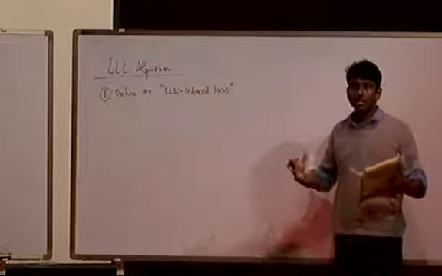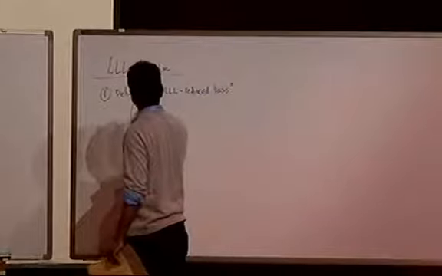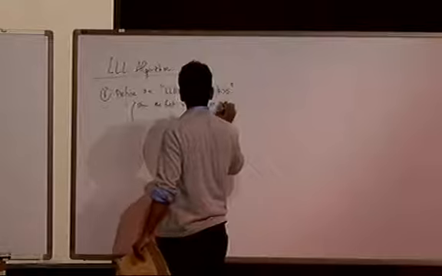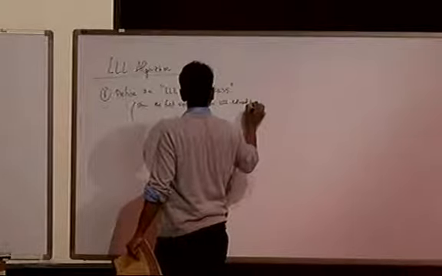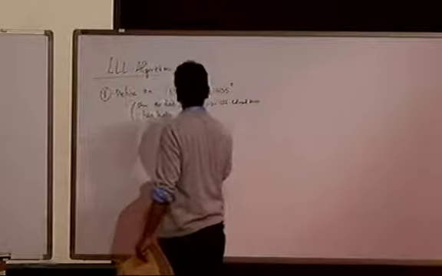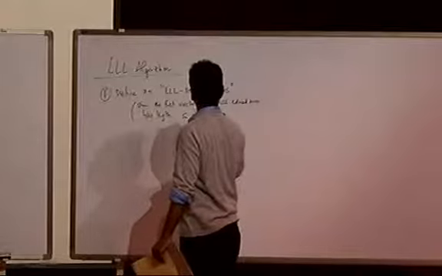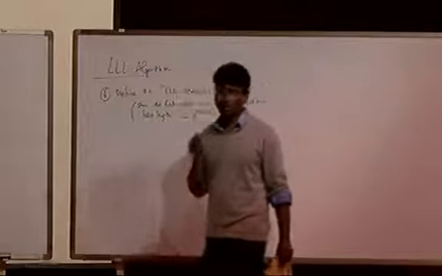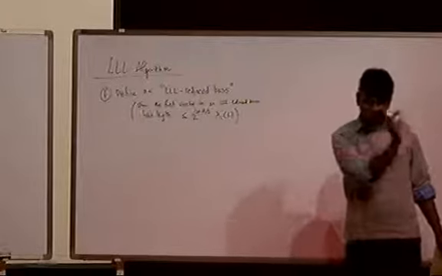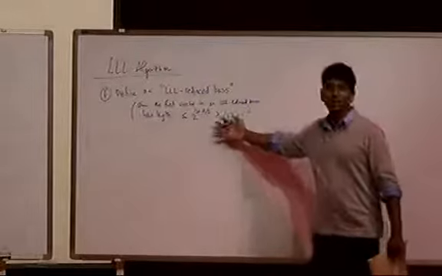This is a basis which satisfies some very nice properties, and we will show that the first vector in an LLL reduced basis has length at most 2 to the (m-1)/2 times lambda 1 of the lattice. It's the same number as in the theorem. In other words, if you can compute an LLL reduced basis, the first vector of this basis will be a relatively short vector.